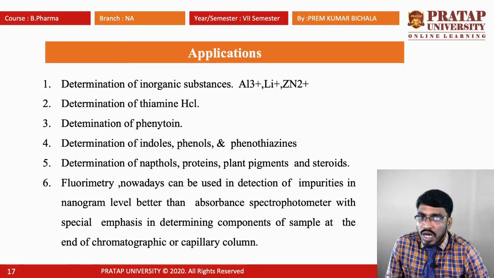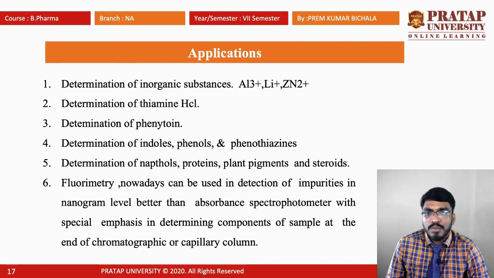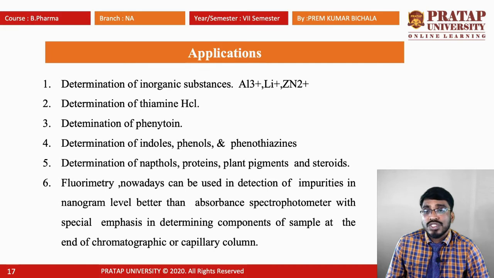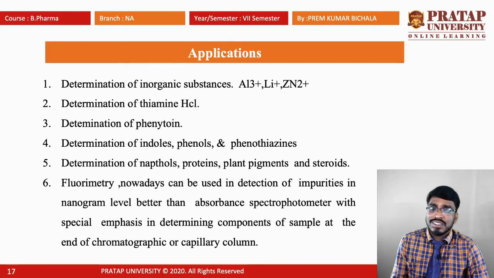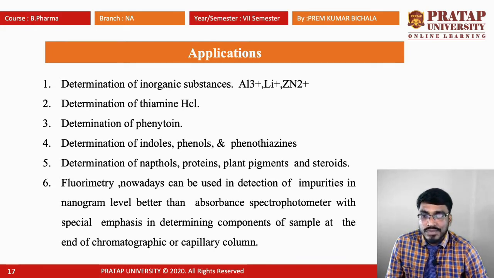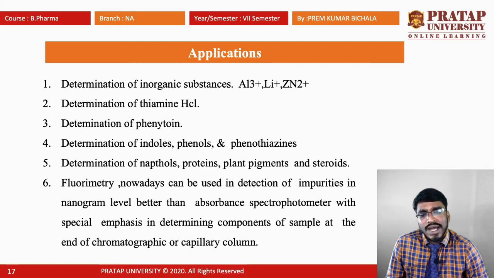And coming to applications of fluorimetry. Generally fluorimetry is used to determine inorganic substances like aluminum, lithium, zinc, and also in the determination of thiamine hydrochloride, phenotiones, and some indoles, phenols and phenothiazines, and also naphthols, proteins, plant pigments and some steroids.